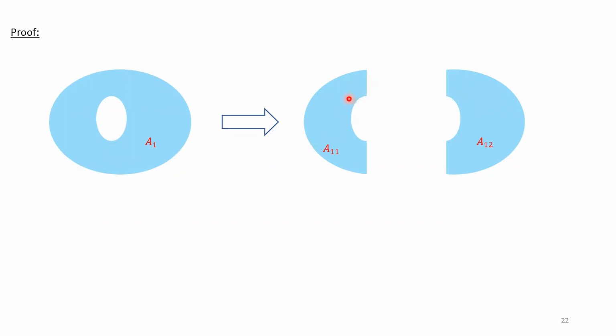Here I have two regions, but if I consider each region individually, it is a full solid region, so no hole. I don't consider this as a hole anymore, because each region itself can be bounded by just one loop. So one region with a hole divided into two becomes two regions without any hole.